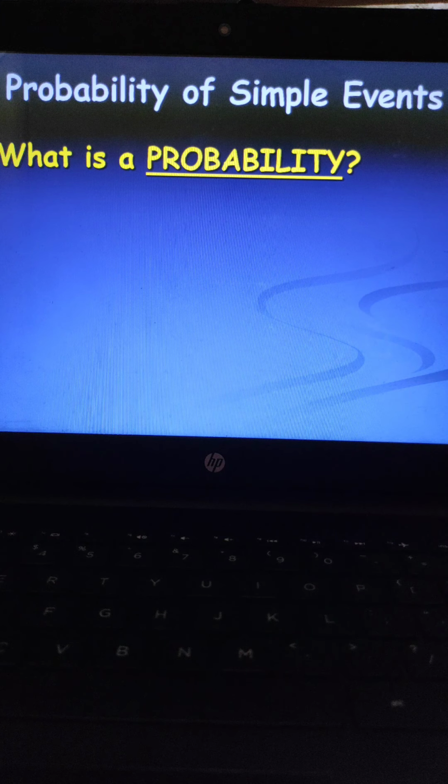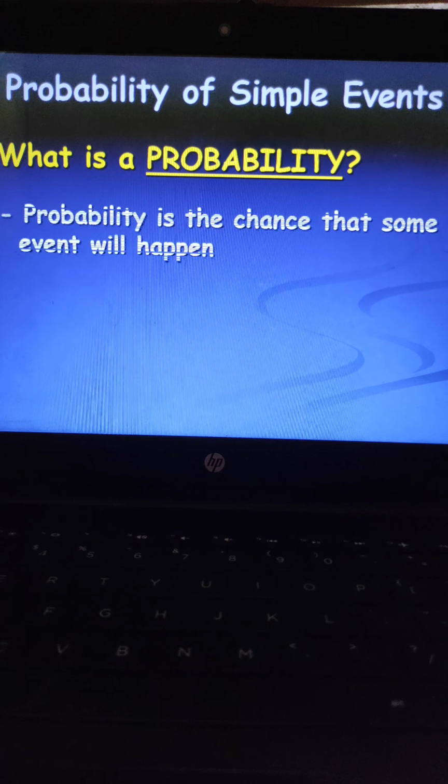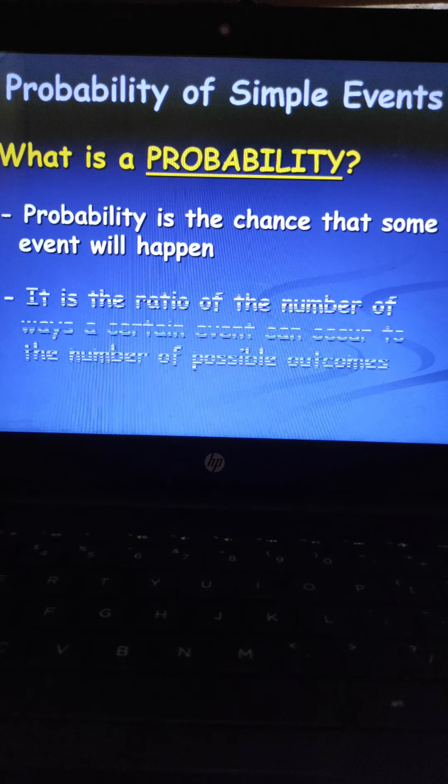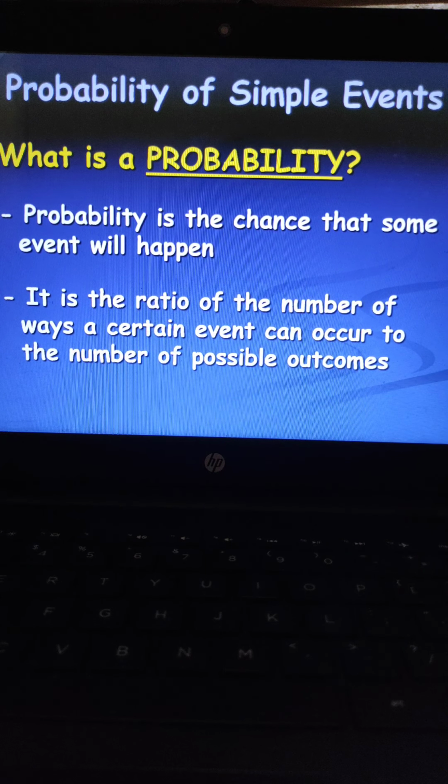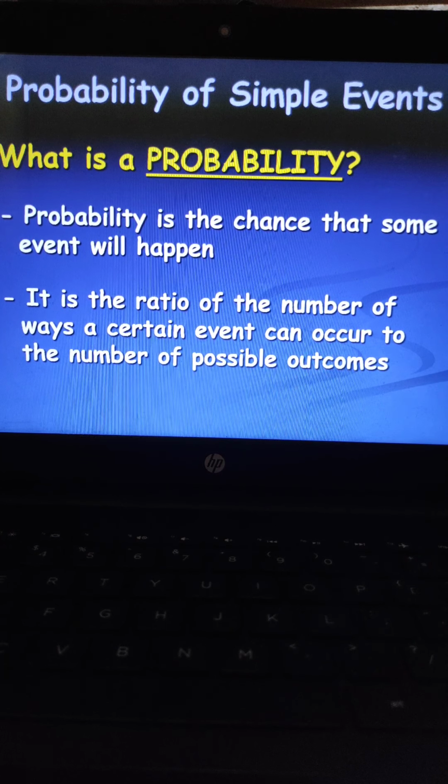Now, what is probability? Probability is the chance that some event will happen. It is the ratio of the number of ways a certain event can occur to the number of possible outcomes.